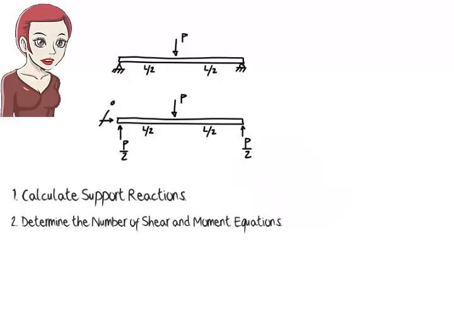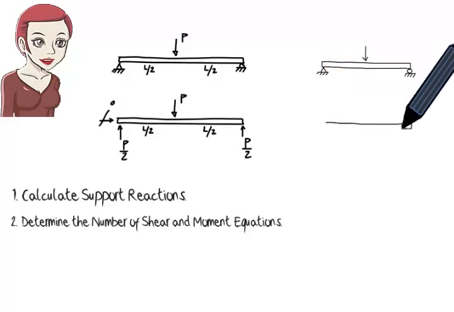Let's spend a few minutes examining several cases here. How many pairs of shear and moment equations do we need for this beam? The load divides the beam into two segments. Therefore, we need two sets of equations. One set of equations for the left segment, another set of equations for the right segment.